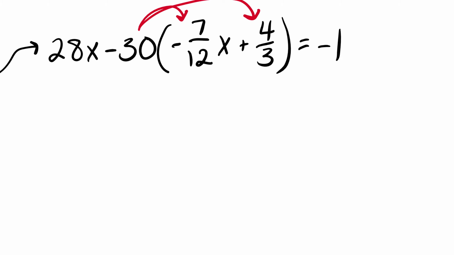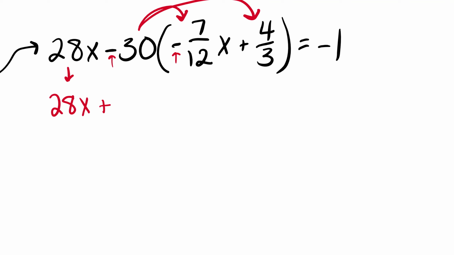So, 30 times 7 is 210. 210 divided by 12 is not a whole number, but it does reduce. So first off, this 28x didn't change, right? So I have 28x. Notice I have 2 negatives right here, so that would be plus.